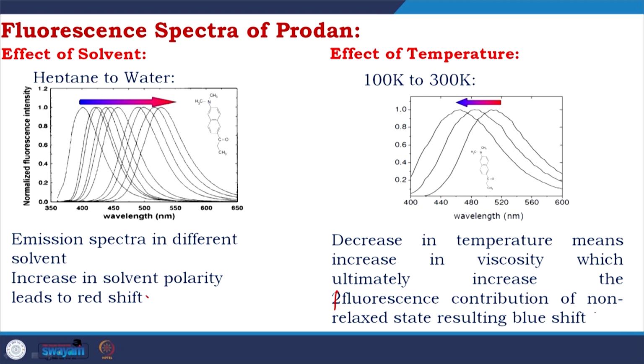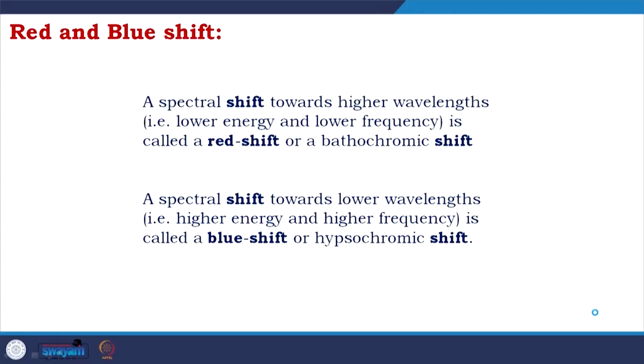What is red shift and what is blue shift? A spectral shift towards higher wavelengths, that is lower energy and lower frequency, is called a red shift or a bathochromic shift.